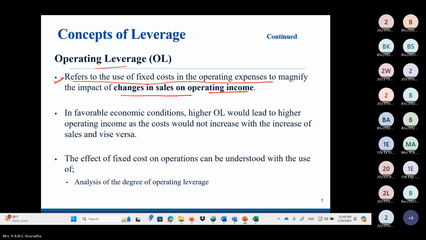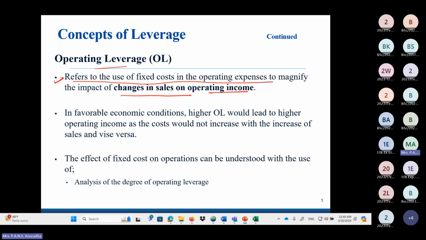Now you know that in your operating expenses, in the income statement, if you have fixed operating expenses, these fixed operating expenses are not changing when the sales levels are going up and down.